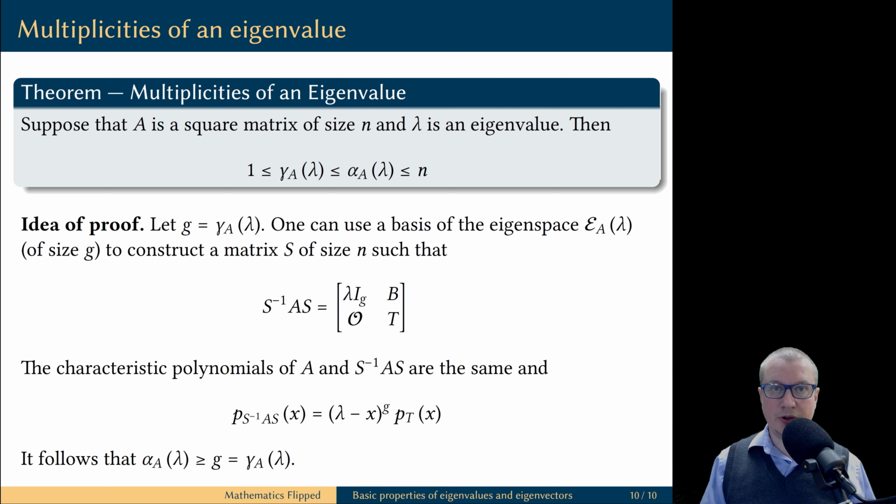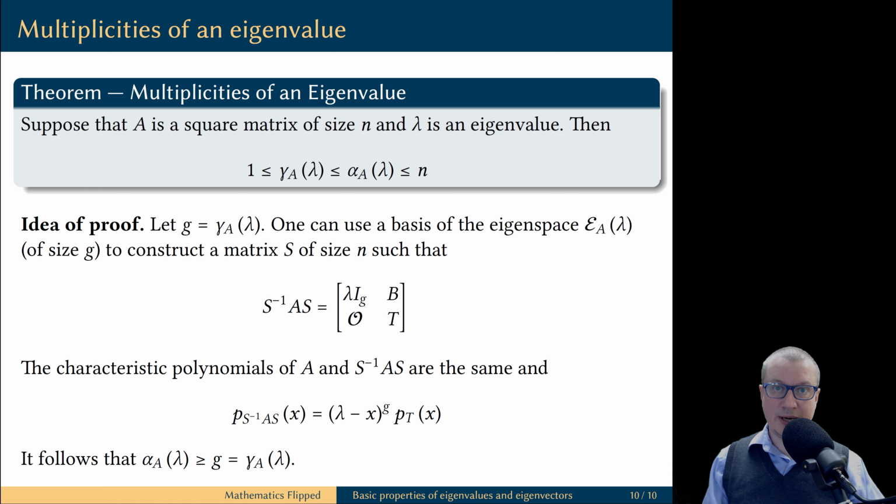And the characteristic polynomial of this new matrix is equal to lambda minus x raised to the power g multiplied by the characteristic polynomial of the matrix T. But this means that the characteristic polynomial of the matrix S inverse AS and in particular the characteristic polynomial of the matrix A is divisible by lambda minus x to the power g.